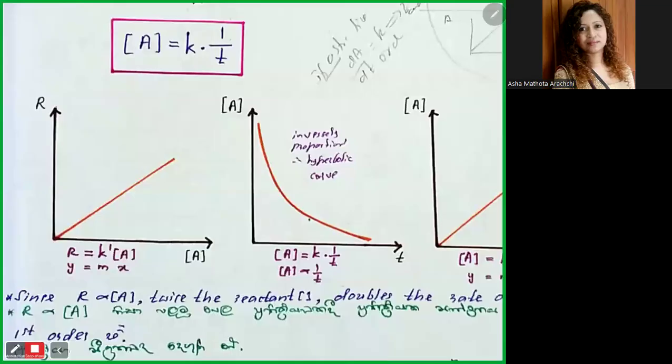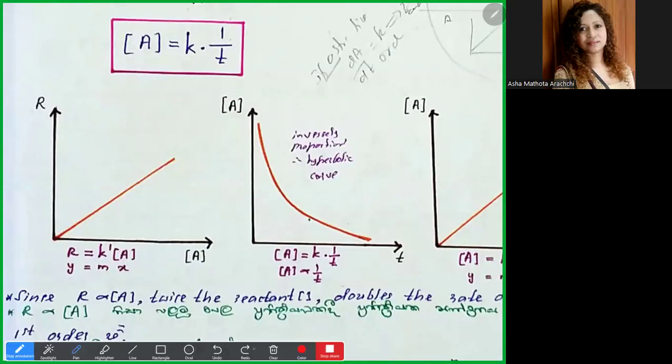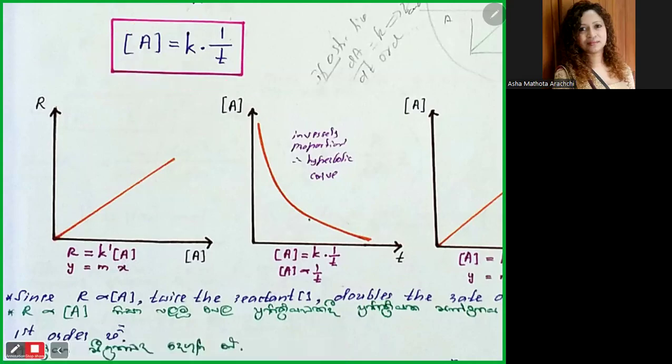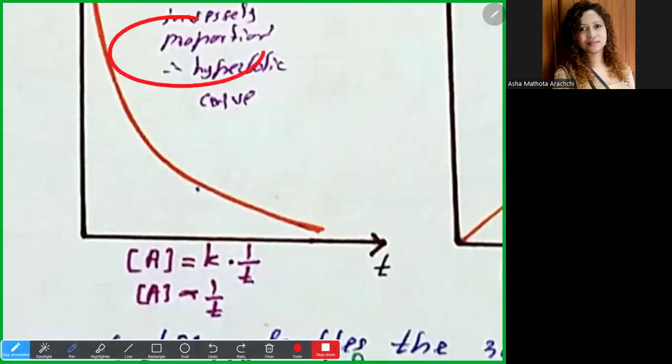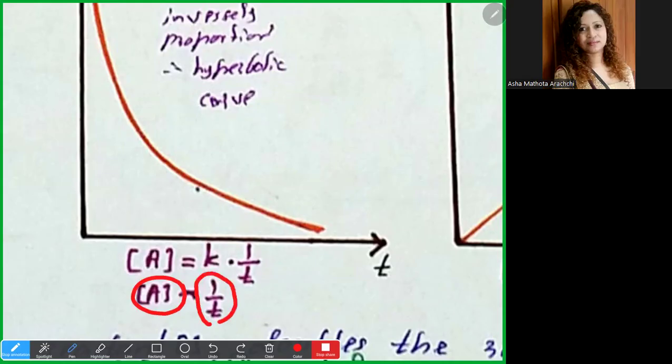And see, the second connection. A equals K into 1 over T. If I go back with that, if I remove the constant, I can go with this proportionate sign so that I can directly say A is inversely proportional to time.